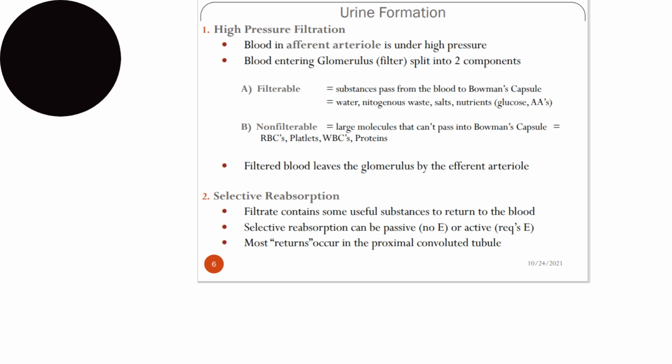Dia berlaku secara tidak menggunakan energy. Active requires energy. Usually reabsorption process berlaku dekat proximal convoluted tubule. Kalau you tengok the left hand side, proximal convoluted tubule berlakunya kebanyakan proses reabsorption.